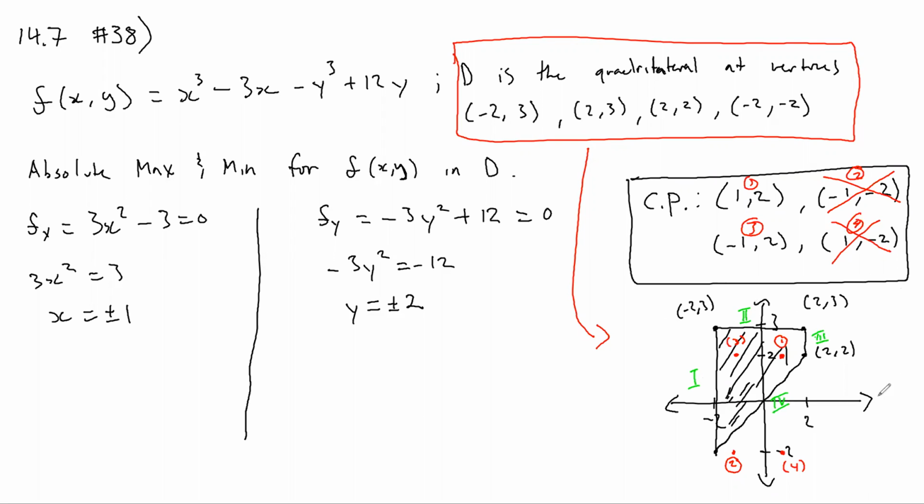We'll be referring back to this graph for the second part of this question. So this was essentially step number 1, finding the critical points. Now the second thing I want to do is find the extreme max and mins for the boundaries.